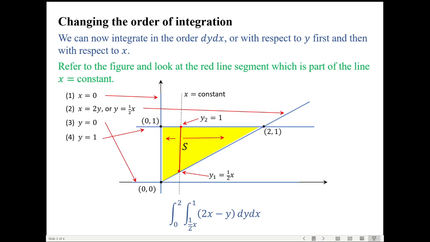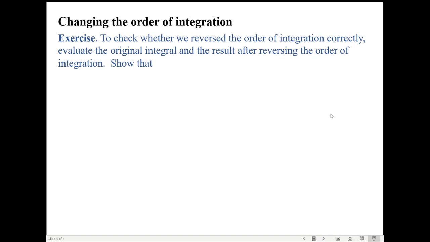So I'll give you a few more minutes to look at the drawing and the result we obtained. As an exercise, you will do this later on paper, after the video lecture.